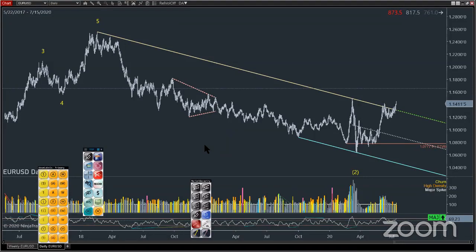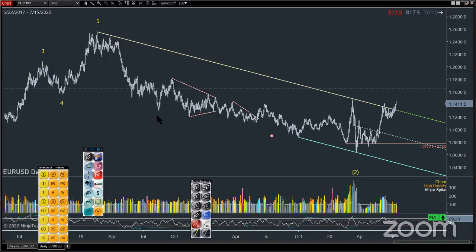Mm-hmm. And then you've got a truncated fifth wave. I know it's very bizarre, but you could say, actually, in fact, it might be better to say that that is an ending diagonal of a fifth wave.